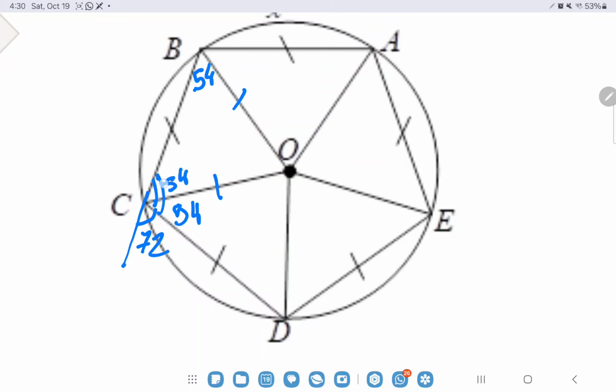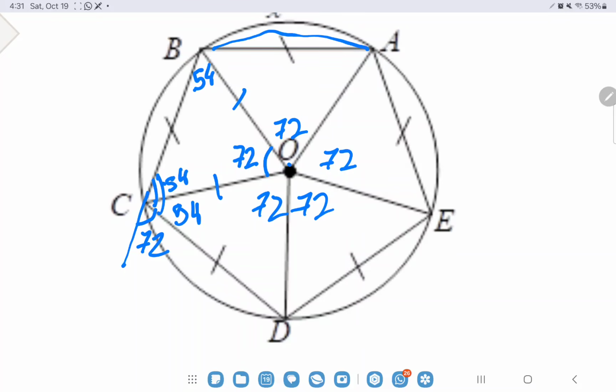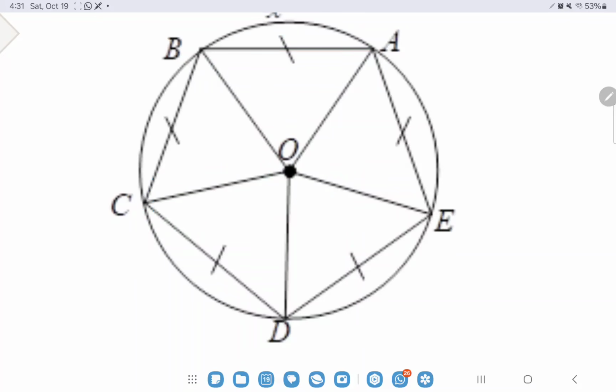If this is 54 and this is 54, you need to find this part. When you add these and subtract it from 180, you're gonna find this to be 72. So if this is 72, this is 72, this is 72, and so on. So if this is 72, then this arc here is also gonna be 72.